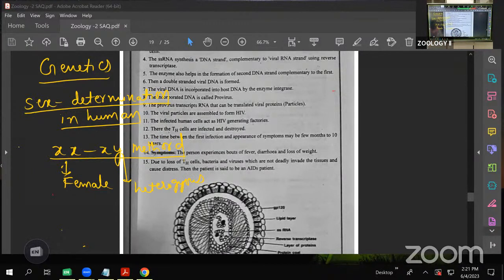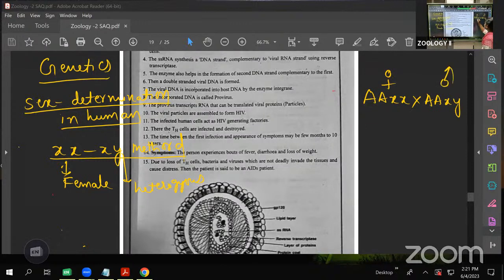Next, the XY type of determination is present. I'll write it here. AA XX crossed with AA XY. Here, this one is the female. This one is the male.